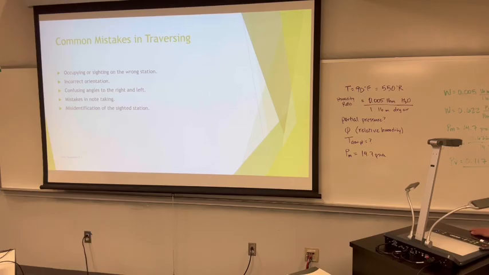Other common mistakes in traversing could be occupying or sighting the wrong station, having an incorrect orientation, confusing angles to the right and left, mistakes in note taking, misidentification of sighted station.